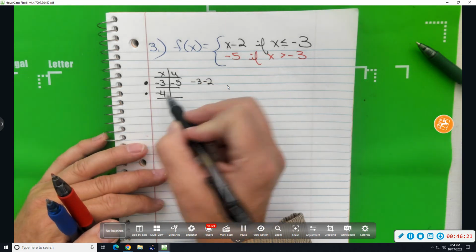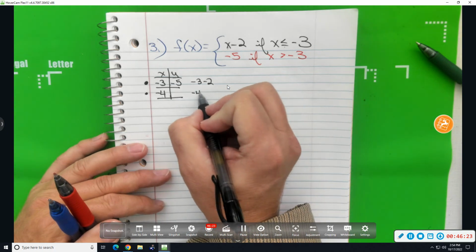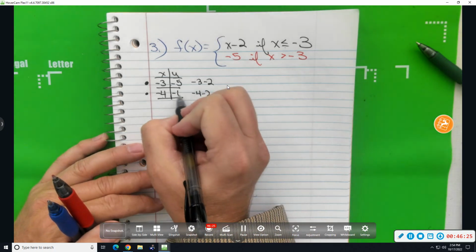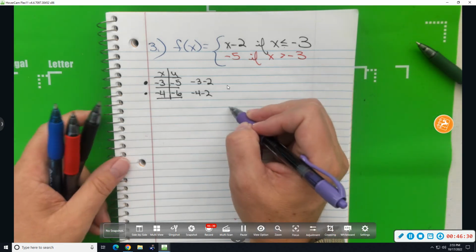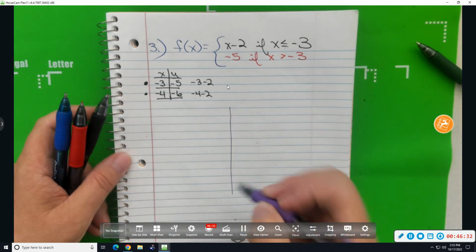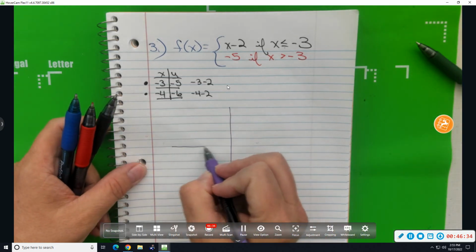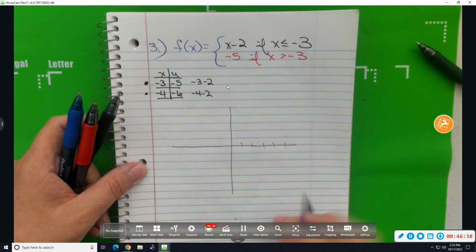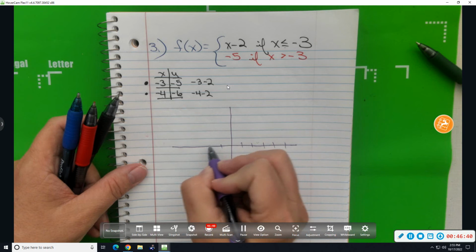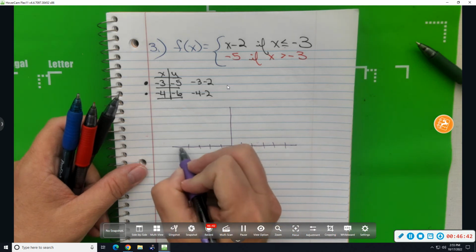What about negative 4 minus 2? Negative 6, I agree. So, I didn't ask y'all, what number is the cut point? Where will my pieces be changing?